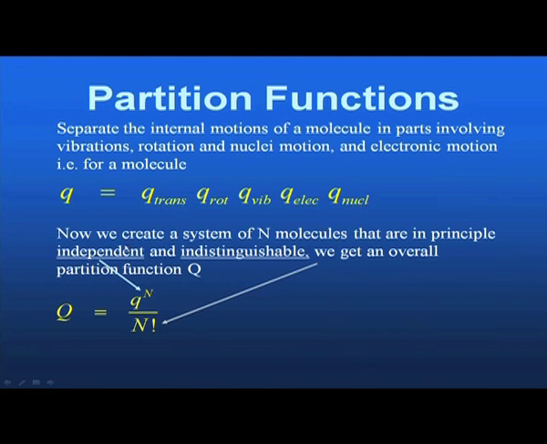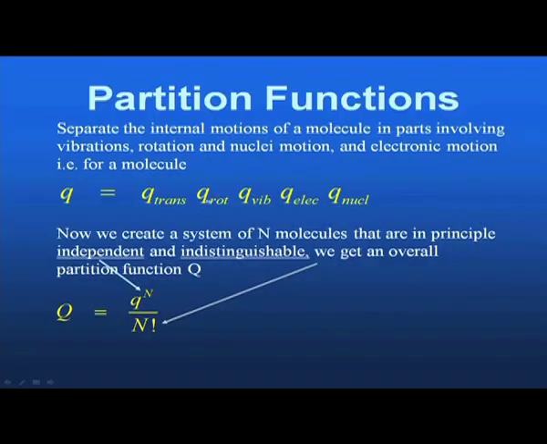Now we create a system of n molecules that are in principle independent and indistinguishable, and the overall partition function for n such particles will be q to the power n divided by n factorial. If you look into any standard textbook of statistical mechanics or statistical thermodynamics, you will find this.